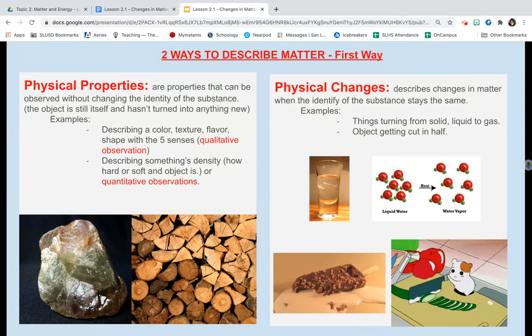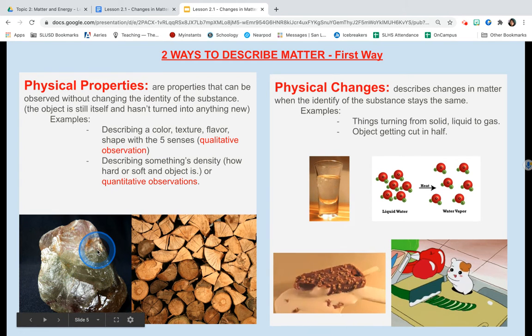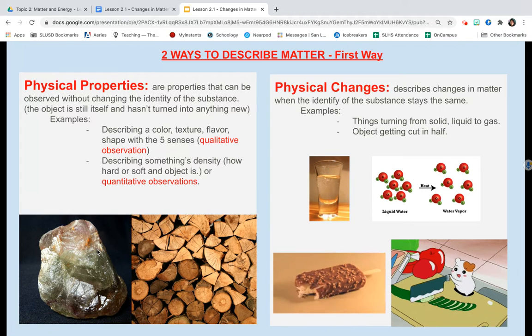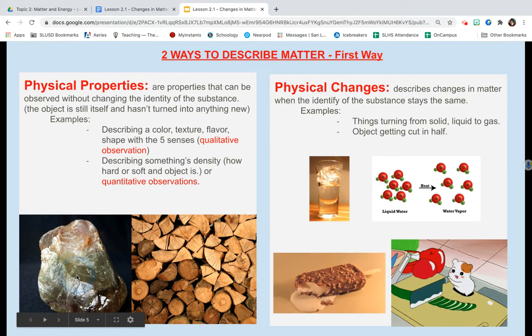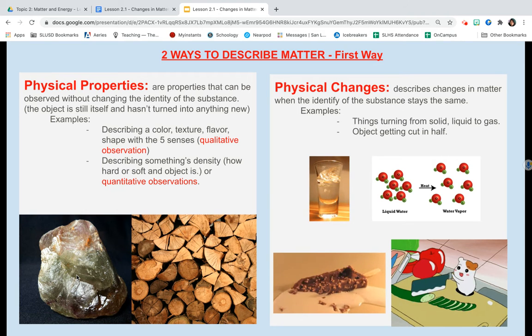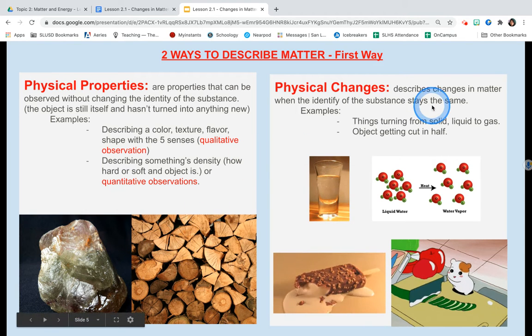And if I chop that piece of wood in half, it's still going to be that same color, right? Nothing really changes about it, right? So I can describe this rock as having luster or being shiny. And there are three different colors that I notice that are prominent in this rock type, right? So things like that, those are physical properties. They're pretty straightforward and boring, right?